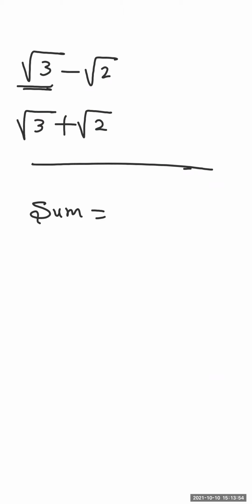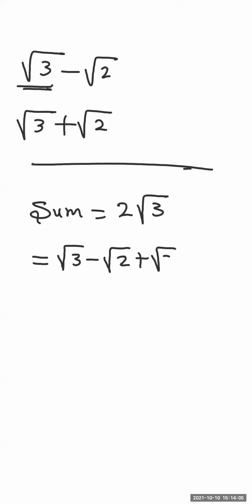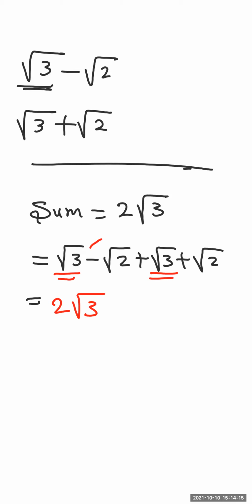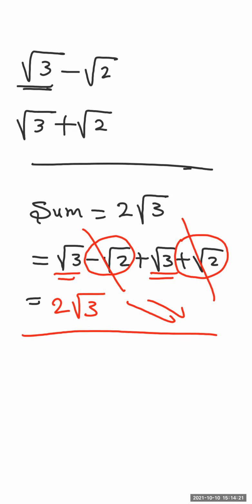So simply 2 square root of 3 is the sum. By using the steps, it will equal square root of 3 minus the square root of 2 plus square root of 3 plus square root of 2. Now, square root of 3 plus the square root of 3 is 2 square root of 3, and the negative square root of 2 and positive square root of 2 means 0. So actually, that's correct. It's twice the first.